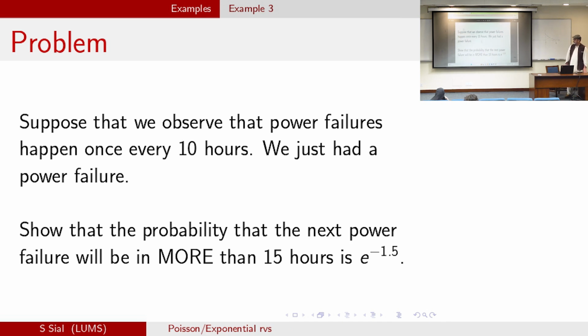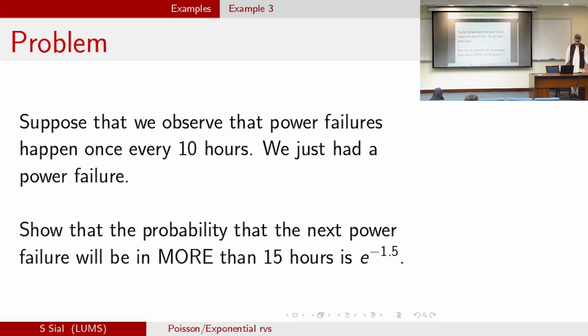Now we come to a very interesting property. Suppose power failures happen on average once every 10 hours. We just had a power failure. What's the probability that the next power failure will be in more than 15 hours?